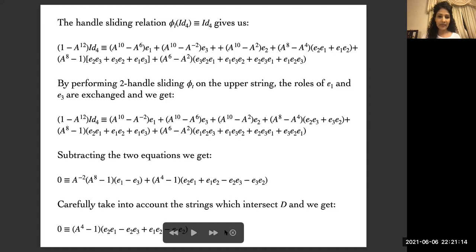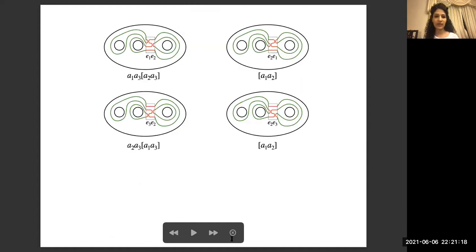So now what we do is that we embed these Temperley-Lieb elements in this last relation into the curve system that we were working with. So for example, E1, E2, when you embed into the curve system, gives us A1, A3 and brackets A2, A3. This brackets A2, A3 just simply denotes a curve which separates the boundary components A2 and A3 from the remaining boundary components.